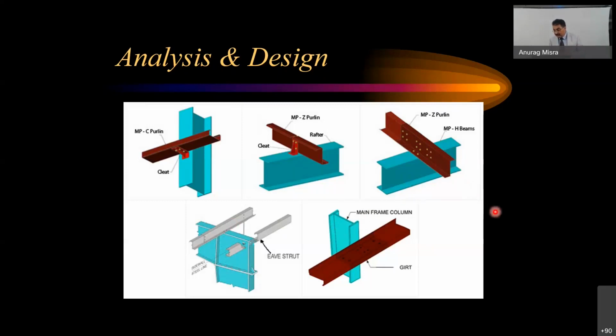Maybe from this side a Z section is coming and from that side a Z section is coming, and they are overlapped for a certain distance from here to here, so that the extra moment at the support, that hogging moment at the support, is taken care of by both the sections, and that is why you provide the holes here so that they could act as one unit, and both the members are now taking the loads together.